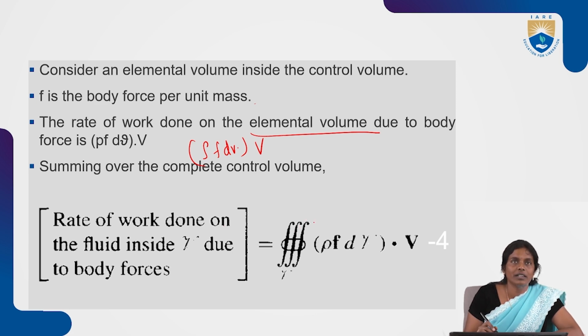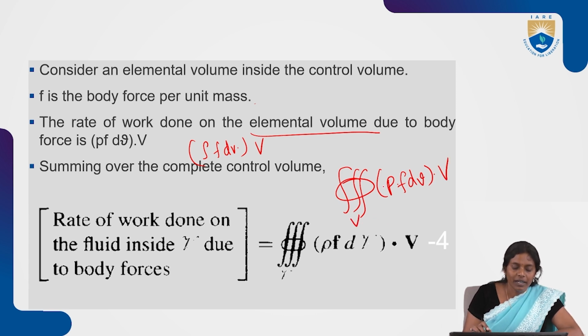Summing over the entire control volume, it is the volume integral of rho f dot V dV. This is the rate of work done on the fluid inside volume V due to the body forces.